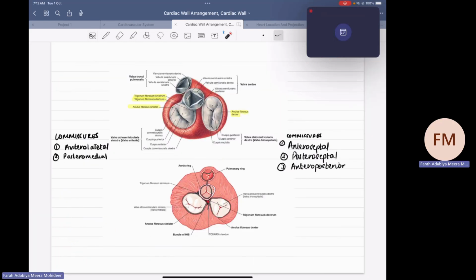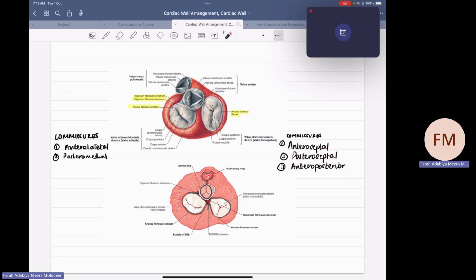Okay. Now, some extra things over here. We've already spoken about the cusps in your bicuspid and your tricuspid valve. These are basically separated by commissures, right? You have three for your tricuspid valve: anteroseptal, posteroseptal, and anteroposterior.